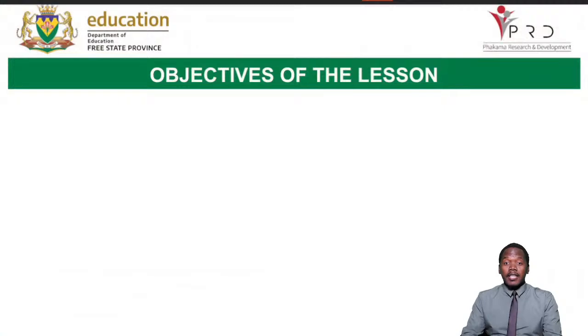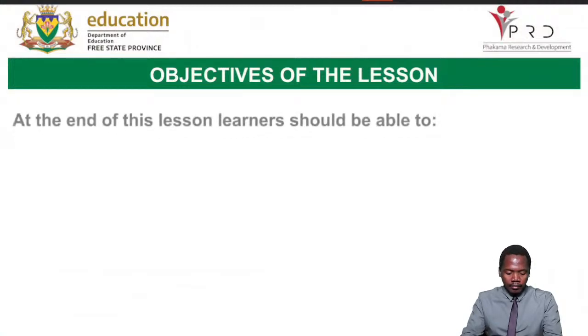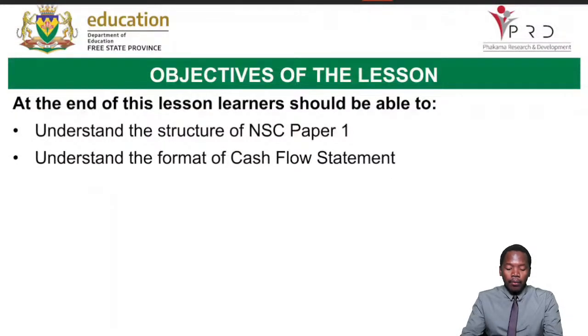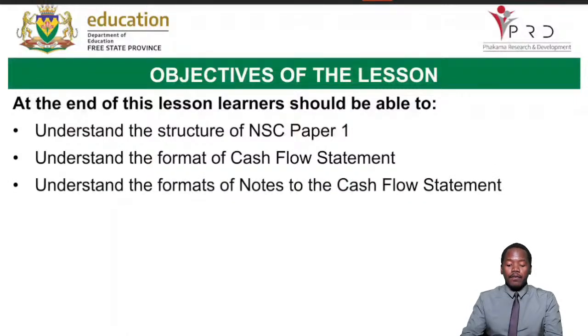Now, grade 12s, let us look at the goals, the objectives of this lesson. Before the end of this lesson, grade 12s, we need to be able to understand the structure of the national paper, paper 1, the NSC paper 1. We should understand the format of the cash flow statement. We should also understand the format of the notes to the cash flow statement.